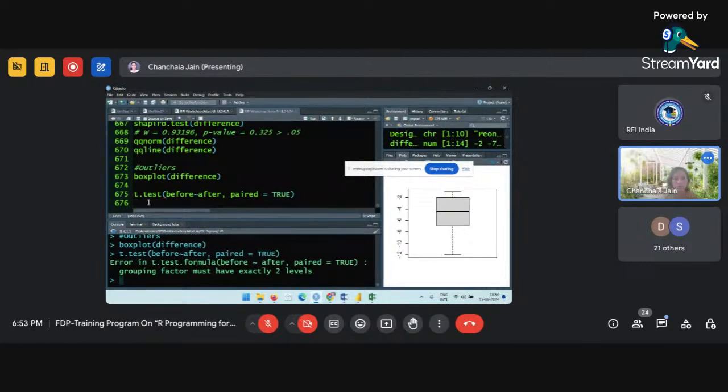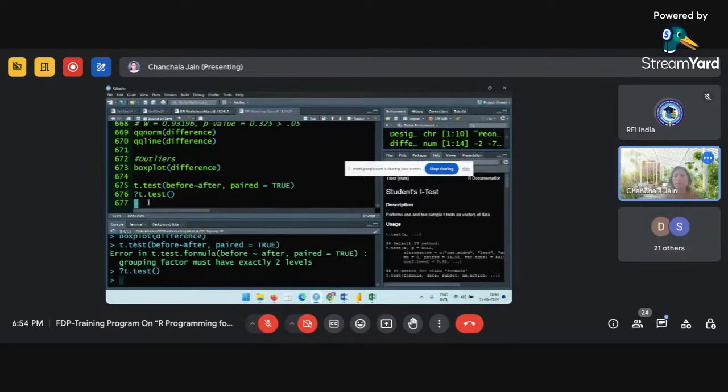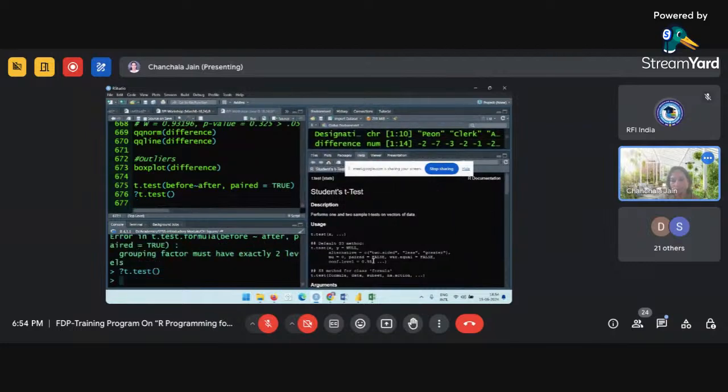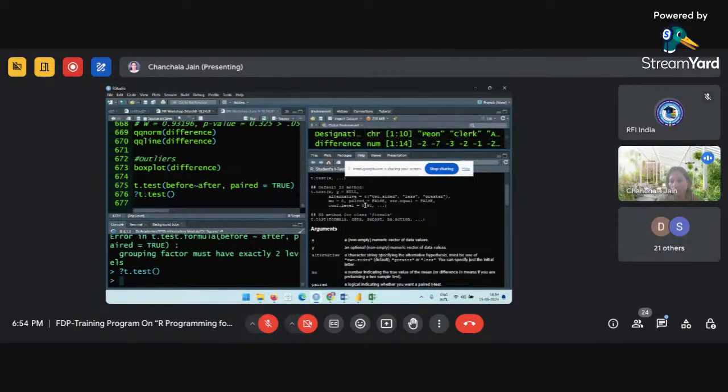Just a minute. I need to check using the question mark. It is the t.test function. So how it works, we will check here. It is paired.